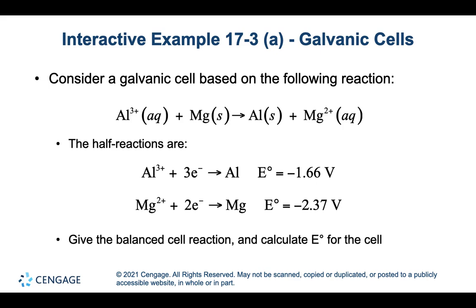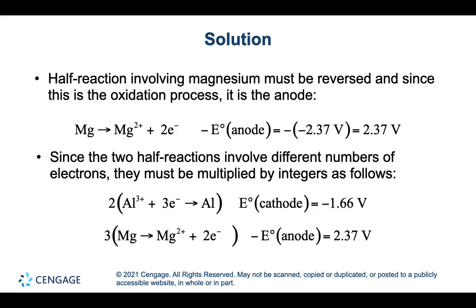I'd have to flip the magnesium reaction. But when it comes to the E0 values, all of that doesn't really change, except flipping the second reaction would change the sign to positive 2.37. Or another way of looking at it is minus 1.66 minus negative 2.37. When you flip the second reaction and change its sign and then put them back together, the combination does end up as a positive voltage.